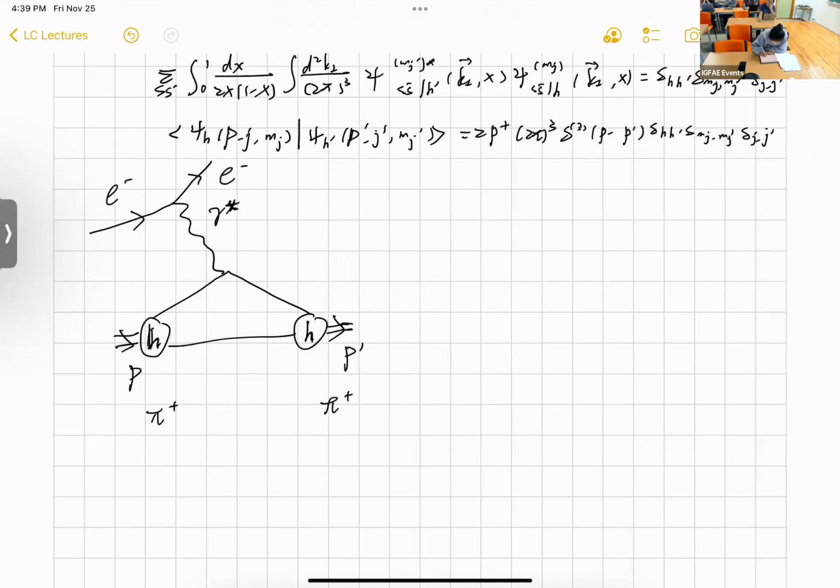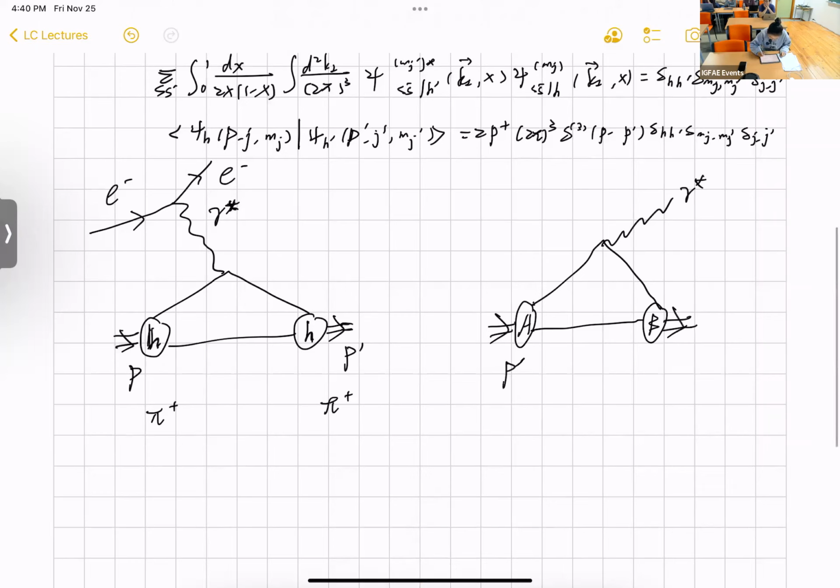And very similarly, if now my initial and the final Meson are different, I look at the process like this. Initially, I have Meson A with momentum P prime, and the final Meson is a different kind of Meson B with momentum P.